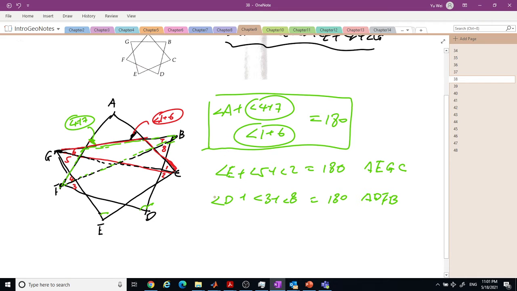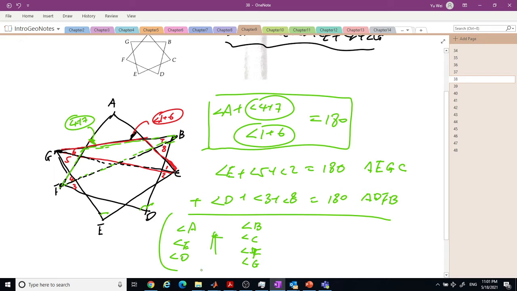Now if we add them up, we have the angle A, angle E, and angle D, then we have 1, 2, 3, 4, 5, 6, 7, 8. That's the rest of the angles B, C, F, G. So if we add all of them up, it is equal to 540.